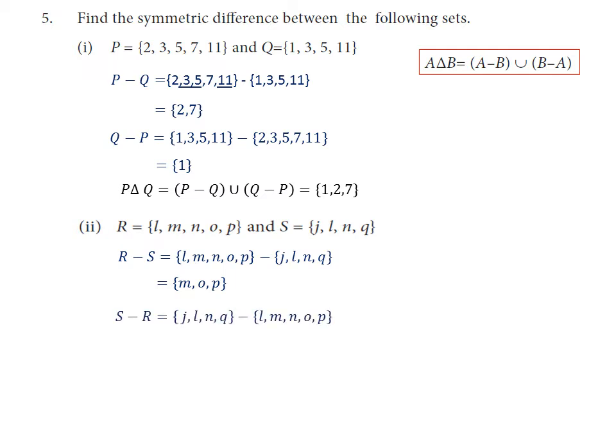Next S minus R, check S. J is not there in R, so write J. L, N are also there in R, so leave those elements. Q is not there, so J, Q is S minus R. By writing the union of these two sets, you will get the symmetric difference of R and S. R delta S is equal to R minus S union S minus R. So M, O, P, J, Q.